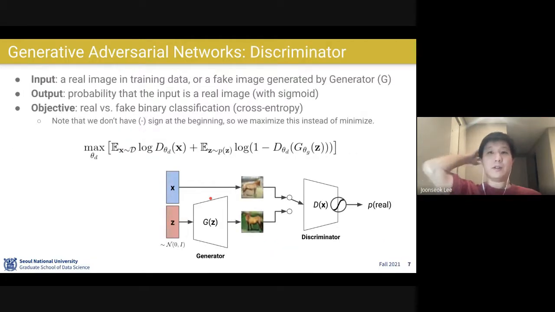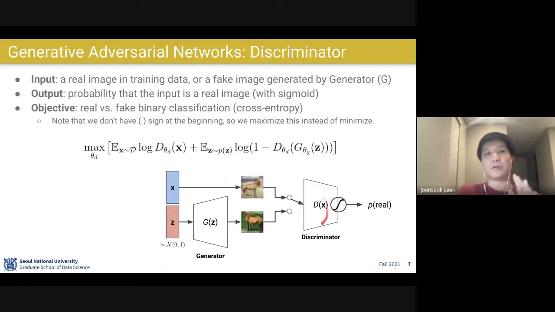So let's see the discriminator part. Suppose we have some generator, and from the perspective of this discriminator, the loss function looks like this. The input is a real image in the training data or a fake image generated by the generator.